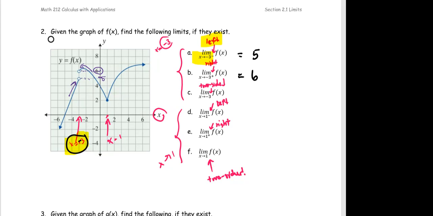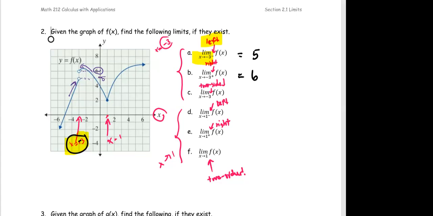Overall, you look at the value of the function when you move from the left side or from the right side. The superscript negative sign means you look at the left part of the graph. The superscript positive sign means you look at the right side of the graph.